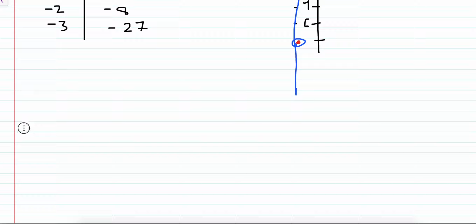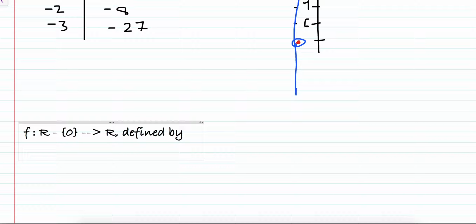Now suppose we have a function f defined from real numbers minus 0, so all the real numbers excluding 0, to real numbers, defined by f(x) is equal to 1 over x.